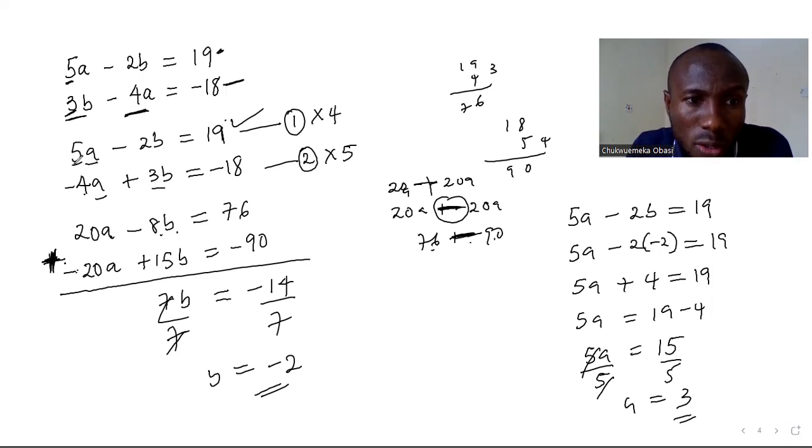You multiply the coefficient of a here to this equation, and you multiply the coefficient of a here to this equation. It doesn't matter if you take -4 right here. As far as you know how to work with your signs, you're still good. Our interest is to make them have the same quantities, and then we can go ahead and eliminate them with either addition or subtraction.